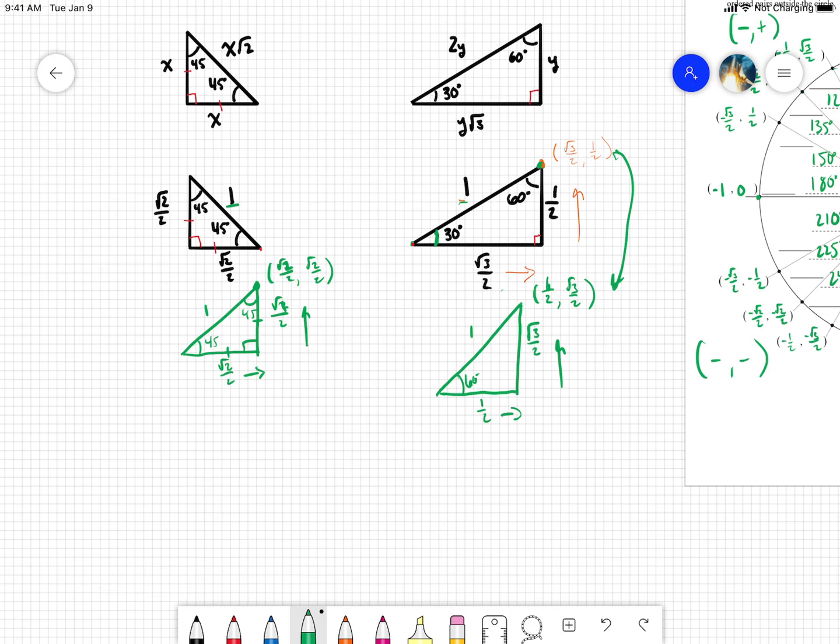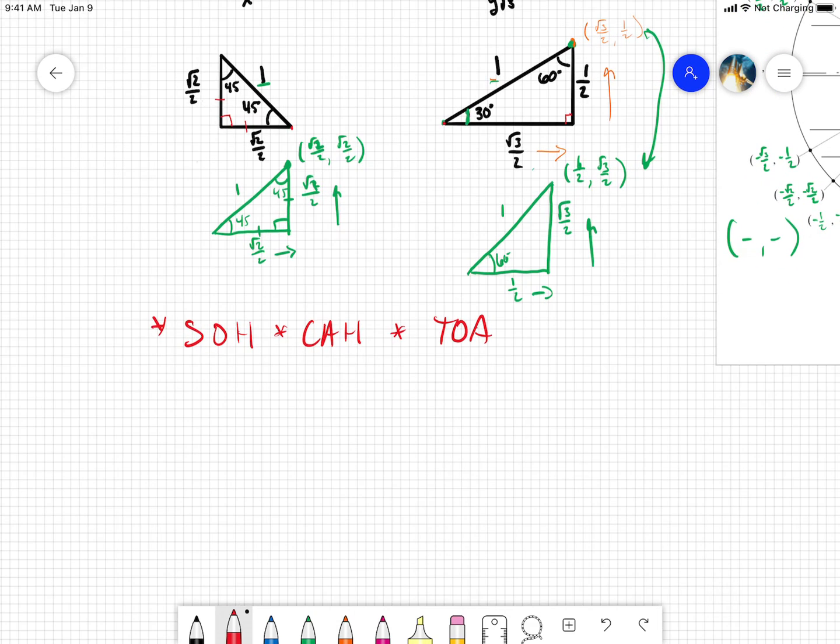And I want you to remember, do you guys remember the phrase that you had to learn in trig to help you remember the trig functions? Anyone remember? I feel like once you say it, I remember. Right. So remember SOH CAH TOA.